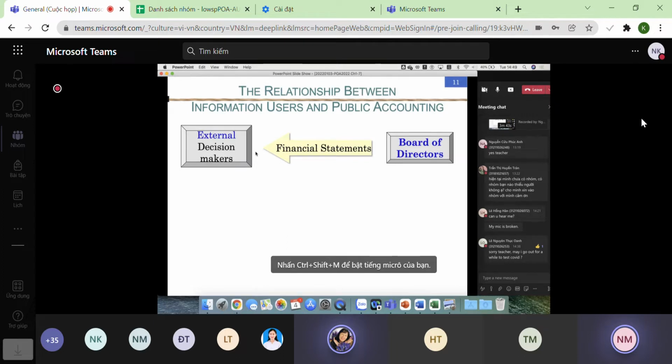So here, we compare the benefit between two groups. One is the board of directors, who has the responsibility to provide financial statements to the external user, right? And the external user needs what kind of information? They need information that is useful and in accordance with the standards, right?